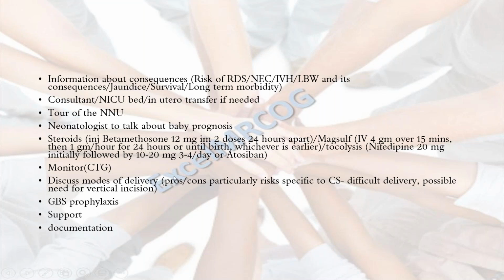You need to discuss with her the mode of delivery, and the fact that cesarean section at preterm gestation may be difficult, and sometimes may need a vertical incision, because of the poorly formed lower uterine segment, which is in this case unlikely because she's in preterm labor. Then GBS prophylaxis if advanced labor, and support and documentation. These are important aspects as well.